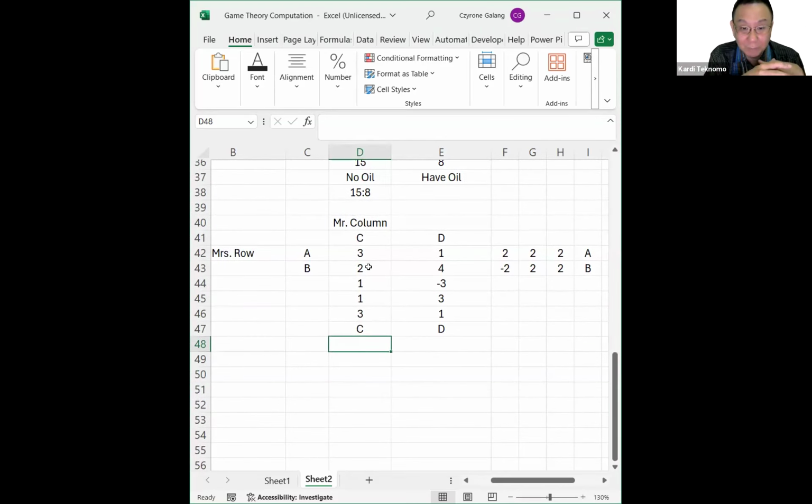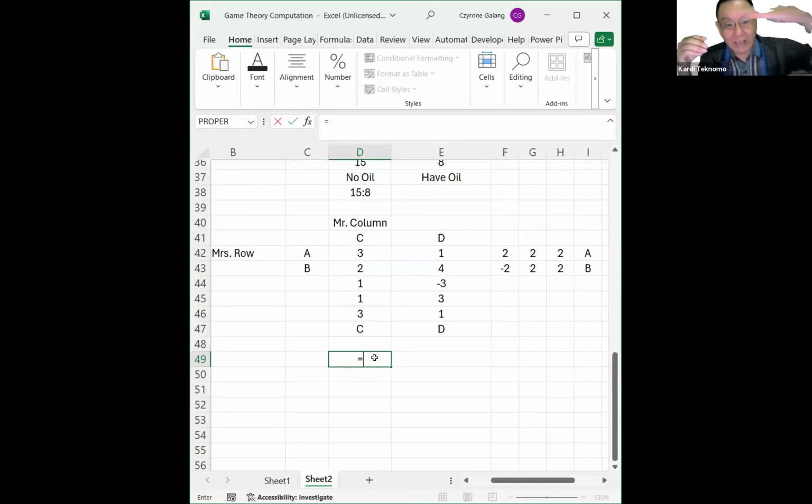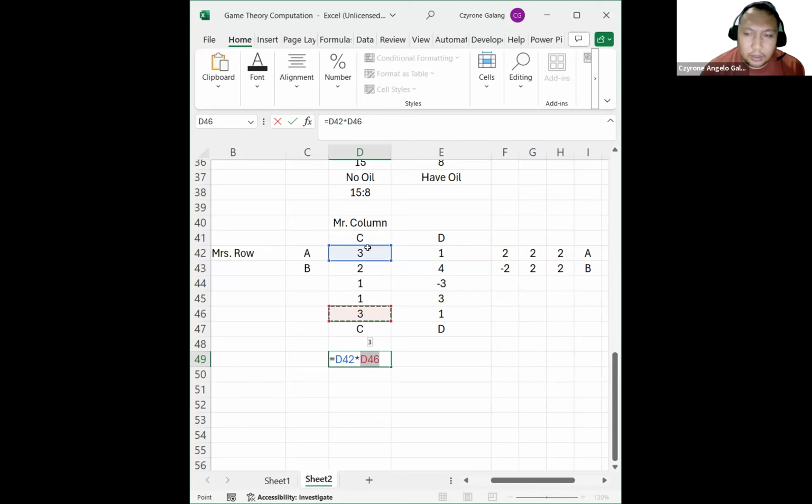So here in the example, can you go to G49? So that one, you multiply 3 with, say you want to get A, right? So 3 multiplied by the 3 down there, and then plus.